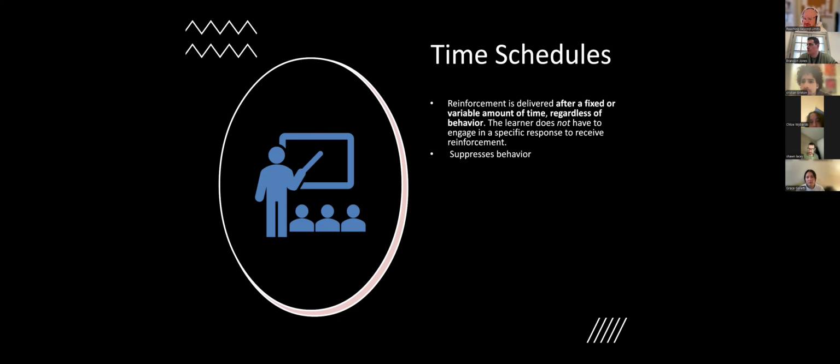It's going to have the effect of suppressing behavior. So these time-based schedules are used for problem behaviors, guys. If we have a problem behavior that's being maintained by attention, we see this over and over again. I was talking to a BCBA on our team yesterday, and we were working with a kiddo who engages in a lot of behaviors to get attention. They're running away from staff.